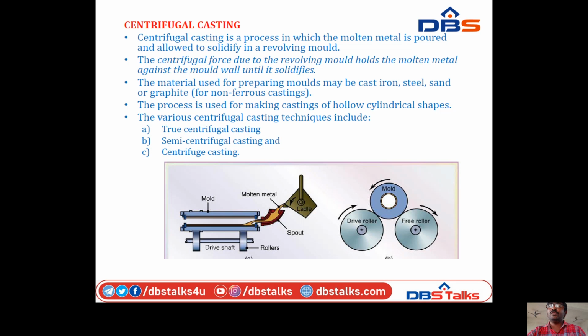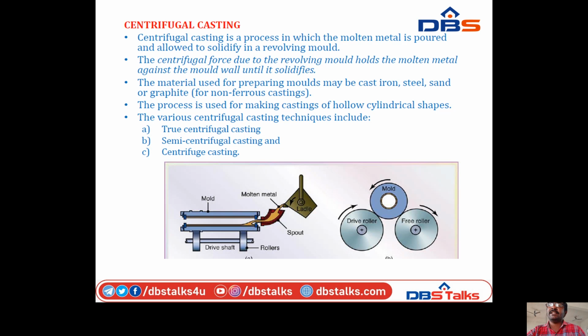The material used for preparing molds may be cast iron, steel, sand, or graphite for non-ferrous casting. The process is used for making castings of hollow cylindrical shapes.